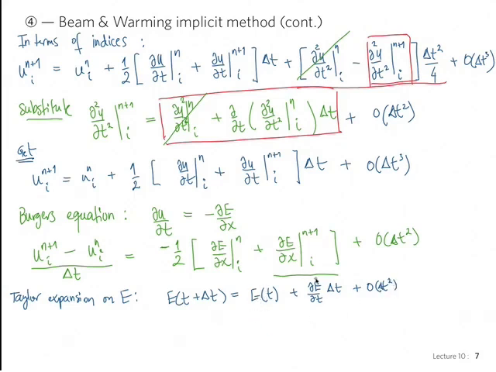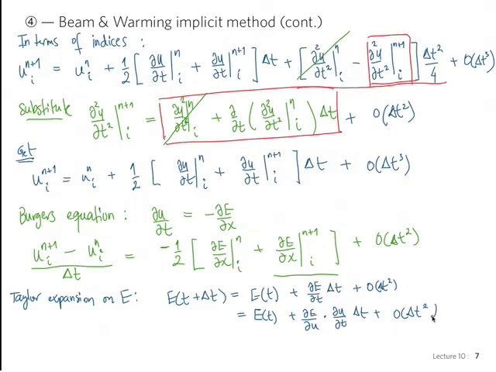And do you remember the dE/dt from the fact that E is a function of u? We can write it as dE/du times du/dt, delta t plus order delta t squared.